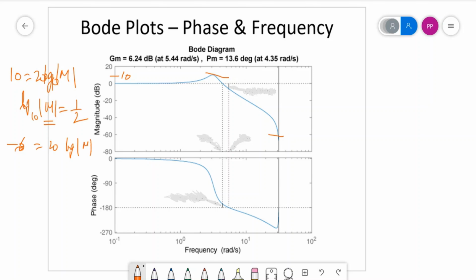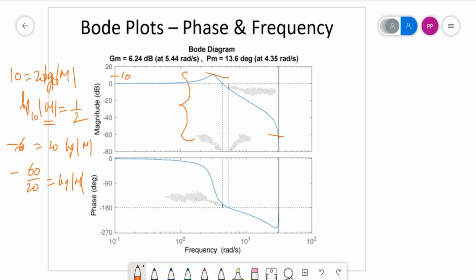So minus 60 by 20 equals log magnitude. If you take the antilog of this, you will see that the magnitude will come in fractions. So the range between this and that cannot be plotted on linear scale, so you need to take the decibels.